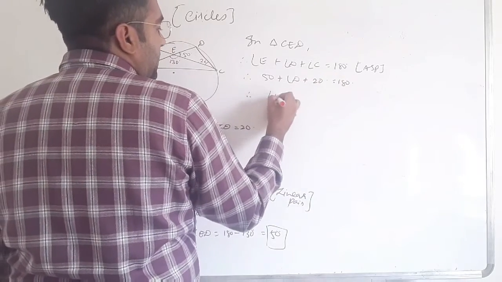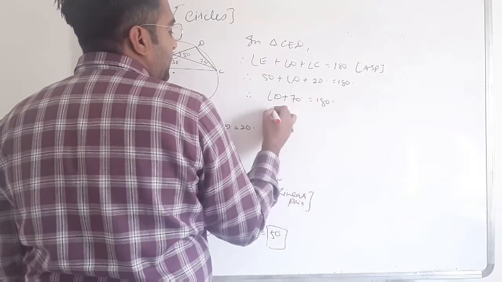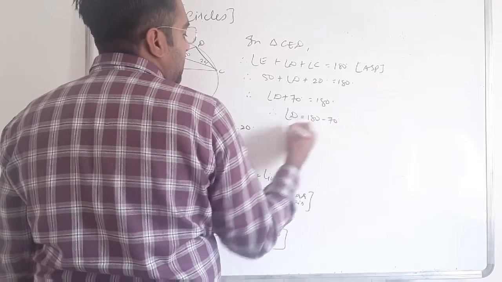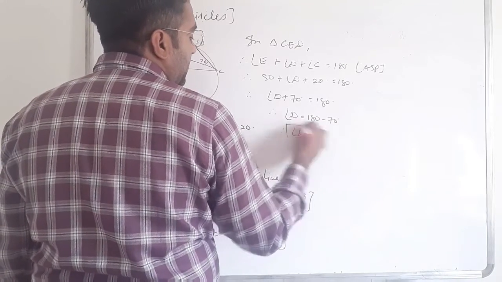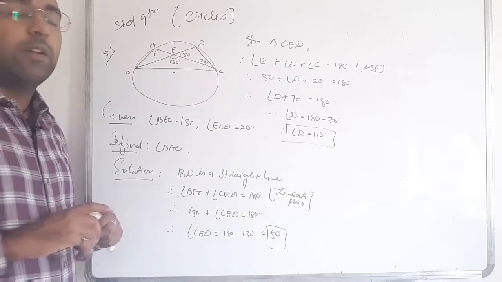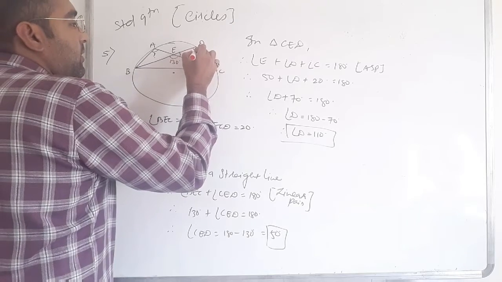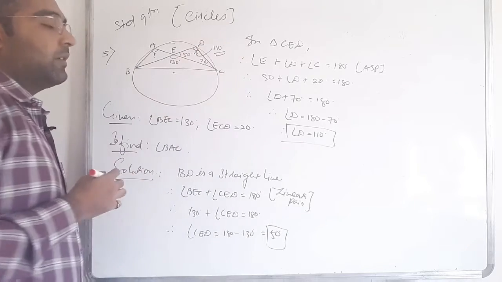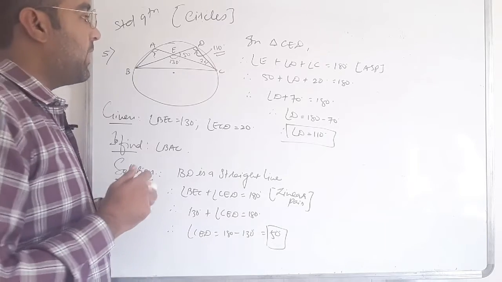Therefore angle D plus 70 degrees is equal to 180 degrees. So angle D is equal to 180 minus 70. Therefore angle D is equal to 110 degrees. Clear that? So this angle is 110 degrees.